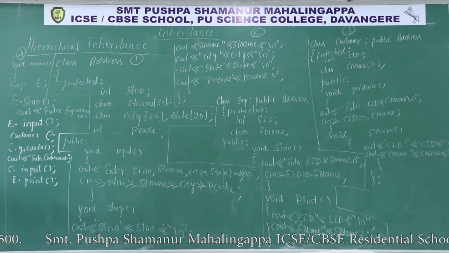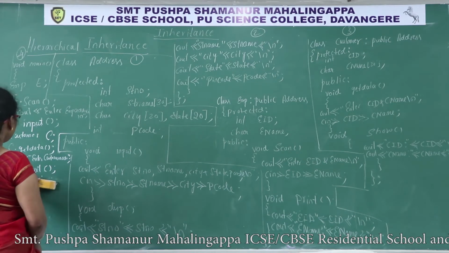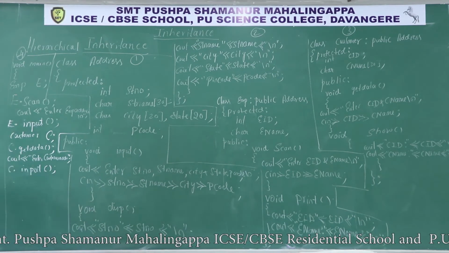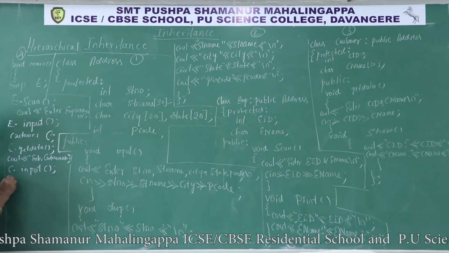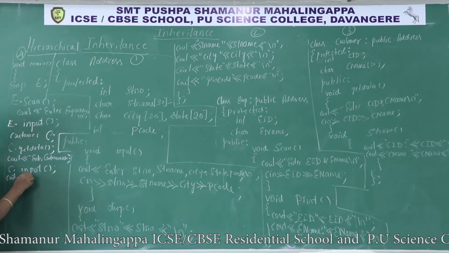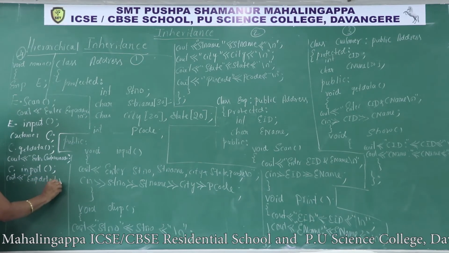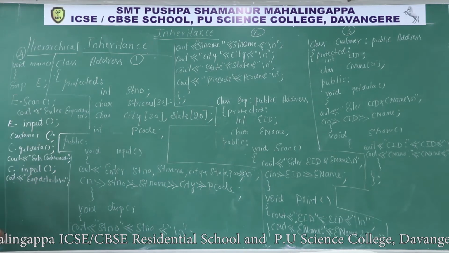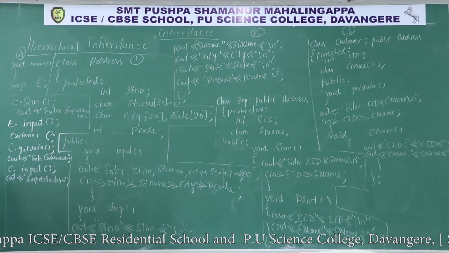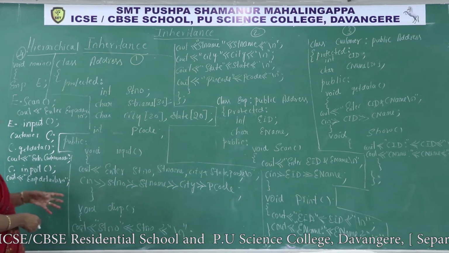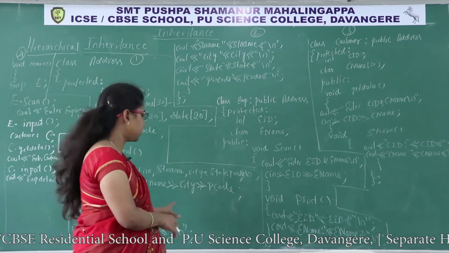Or in order to avoid confusion, I can give a statement here: cout, "Employee details". So when you display ID and name, it is understood that it belongs to the employee.